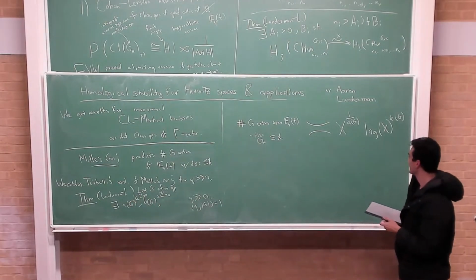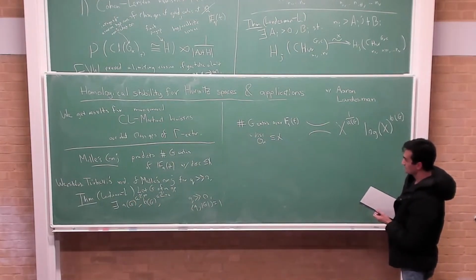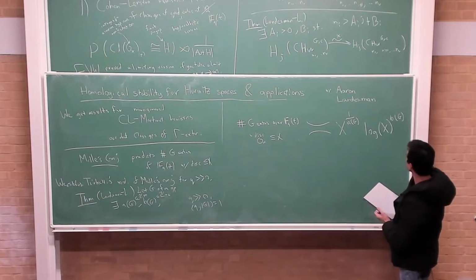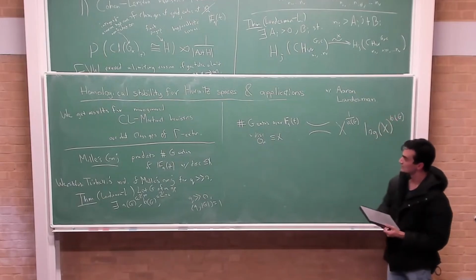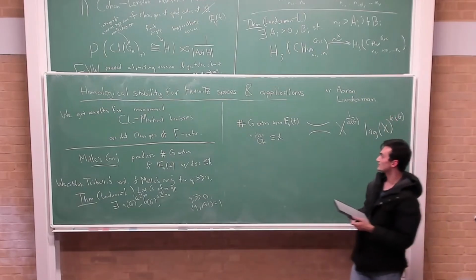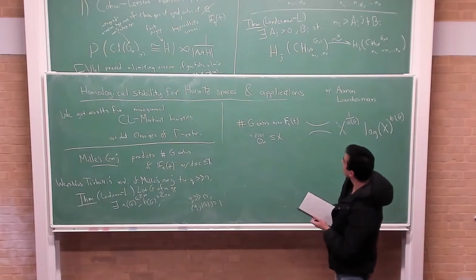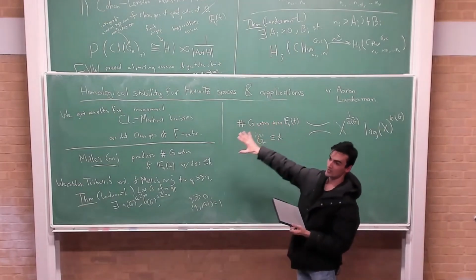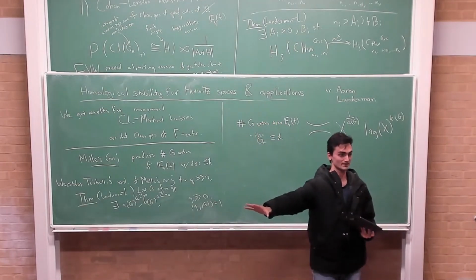And so that's this result. And again, it follows the same principle in the sense that these G extensions are parameterized by F_q points of certain Hurwitz spaces.